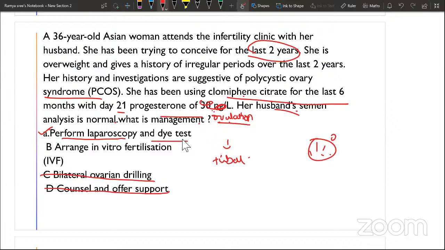Now, one more question I'll ask here before I go to the next question. Which is the most common cause of infertility?